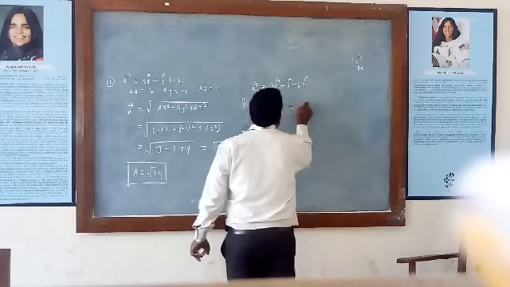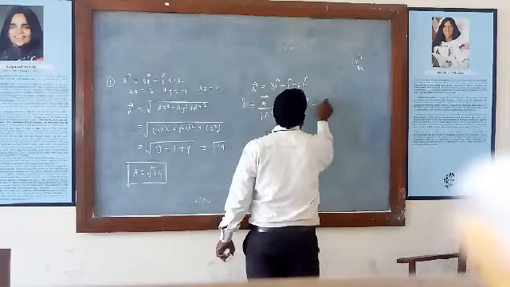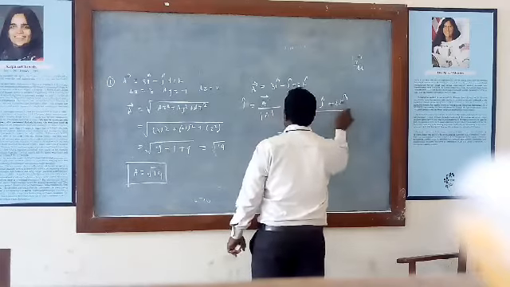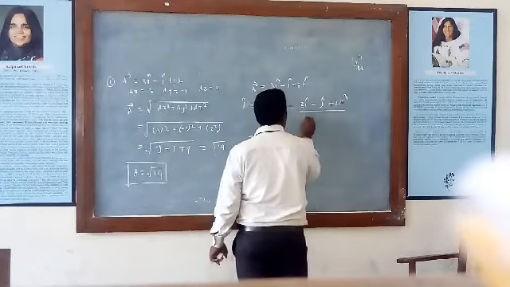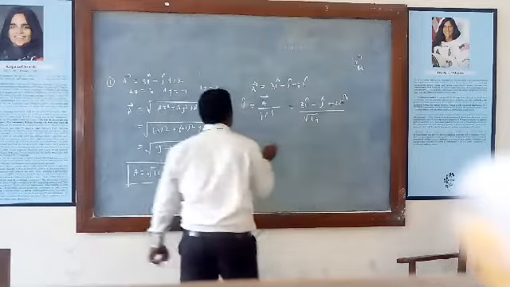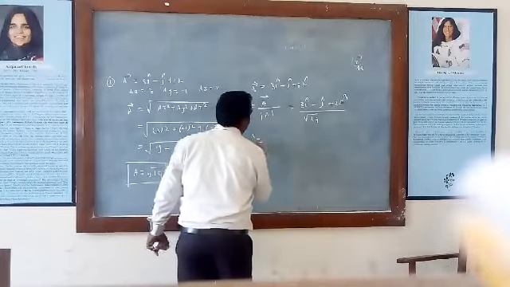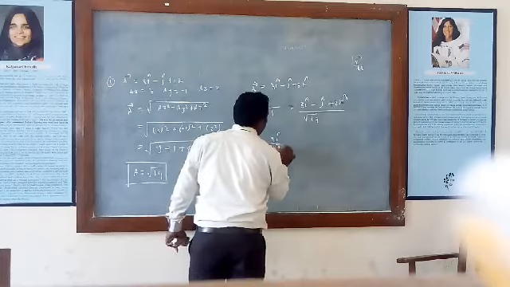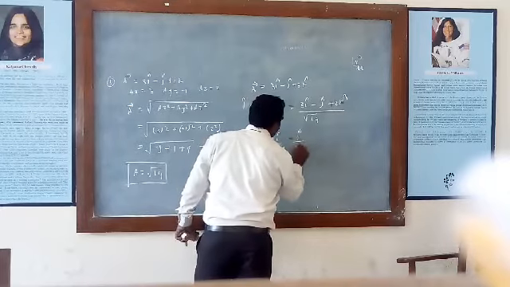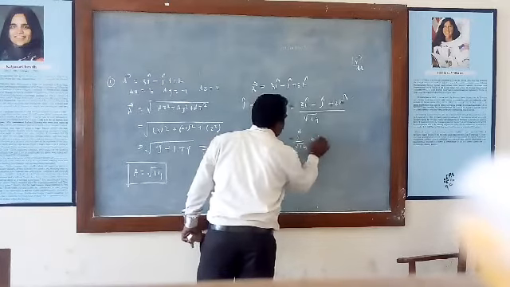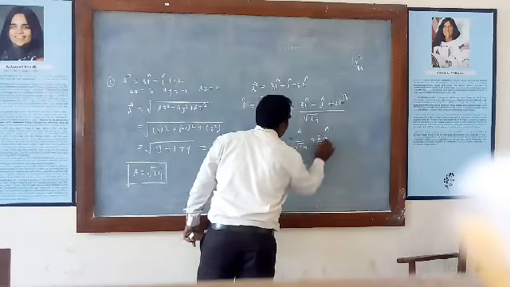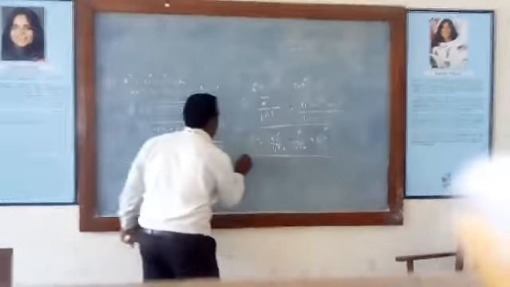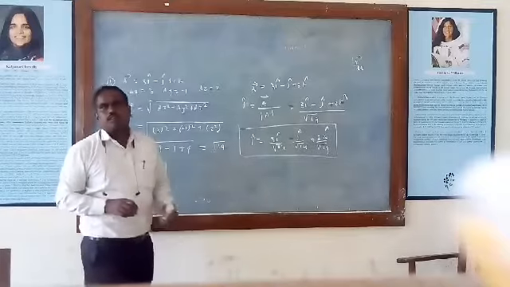My a bar is 3i cap minus j cap plus 2k cap, and mod a is root 14. So finally, the unit vector along the direction of a is 3 i cap upon root 14 minus j cap upon root 14 plus 2 k cap upon root 14. So this is the unit vector along the direction of vector a bar.